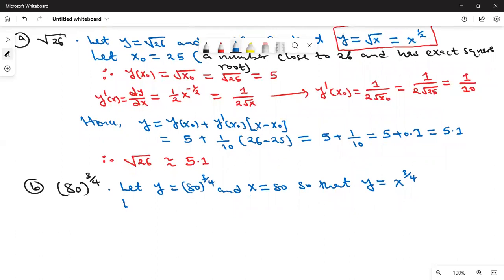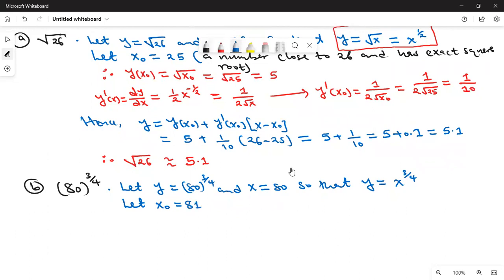Also, let x naught. What do you think will be our x naught? I need a number that is close to 80 and has an exact fourth root. That number can be either less than 80 or greater than 80, as long as it has an exact fourth root. The closest number which has an exact fourth root and is near 80 is 81.